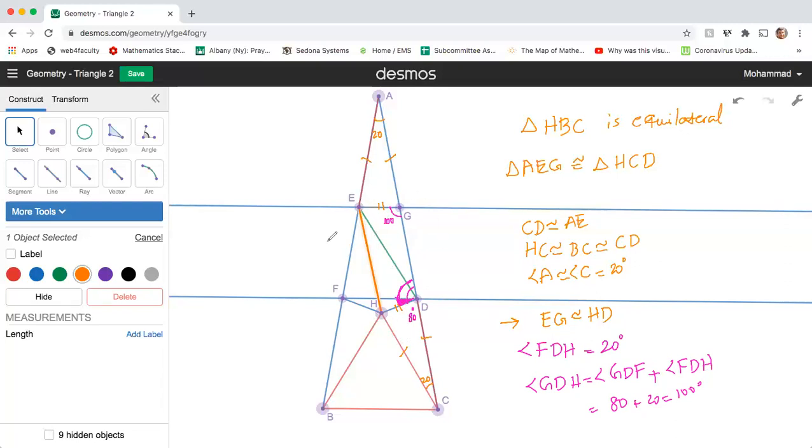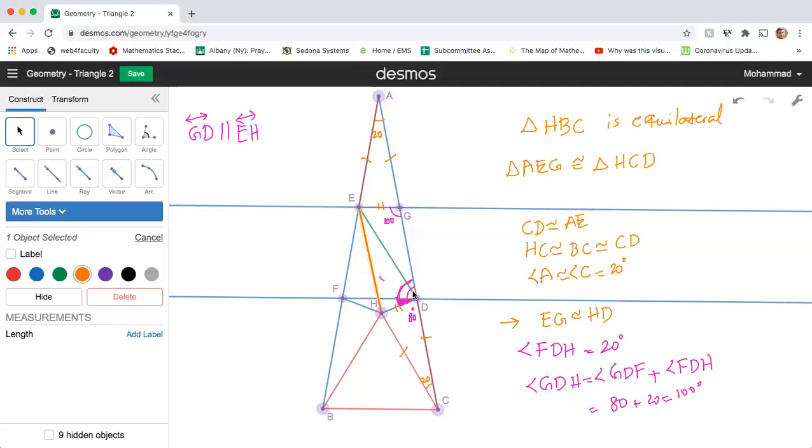So in this quadrilateral now, we have the following situation. We have side EG congruent to side HD, and angle G congruent to angle D. That's sufficient to show that GD is parallel to EH. So line GD is parallel to line EH. What's the conclusion of that?